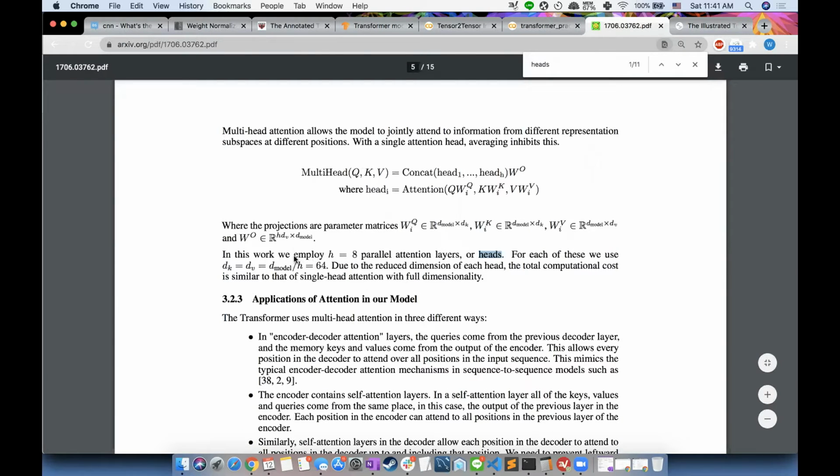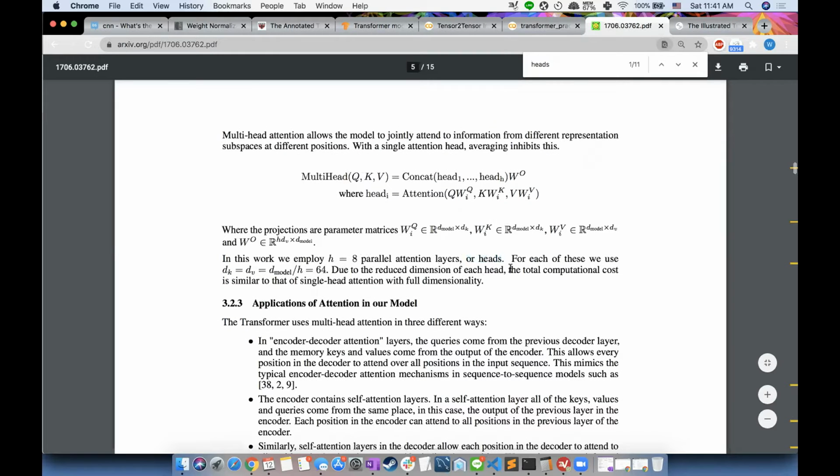Right here: in this work, we employ h equals 8 parallel attention layers, or heads. For each of these, we use dk, the dimension of the key vector, and dv, the dimension of the value vector, equal to d_model divided by 8. Remember, d_model is 512, so 512 divided by 8 is 64.